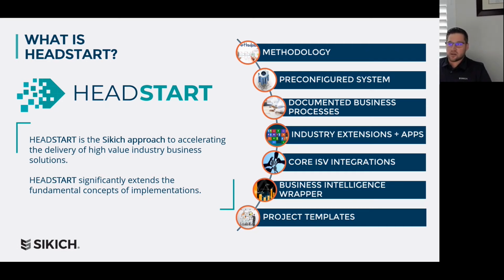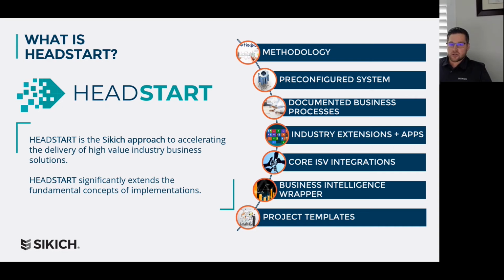What it includes is our implementation methodology, which I'll get into later: how we implement the solution and get value to our clients faster. Part of that methodology is built into our pre-configured environment.